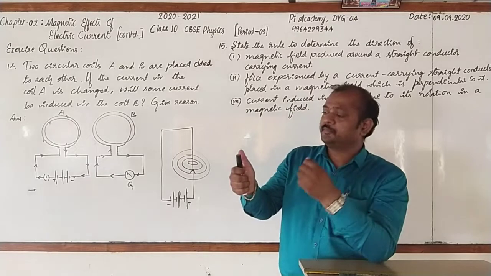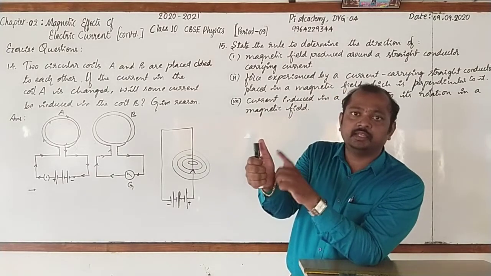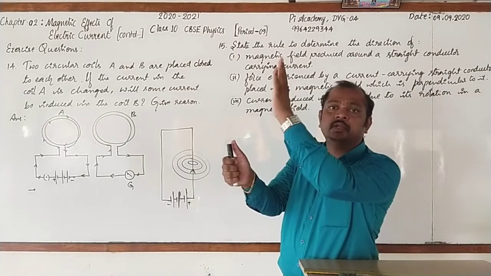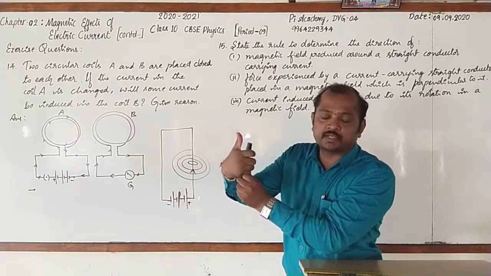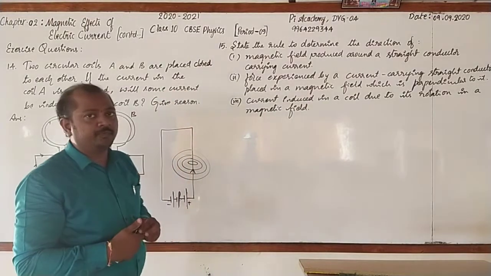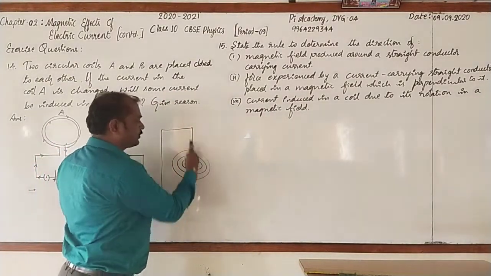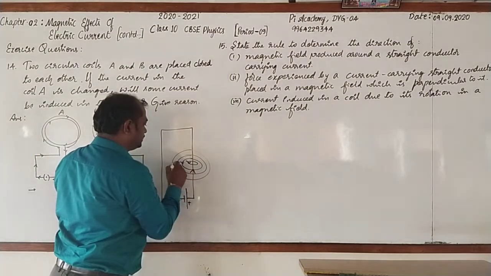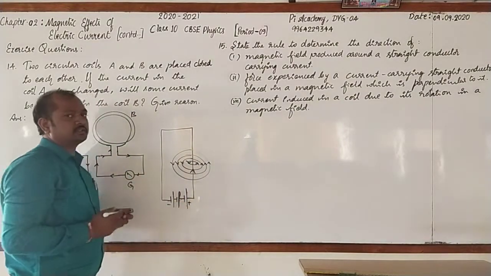According to this rule, imagine a man holding a straight conductor carrying current in his right hand. If the thumb indicates the direction of flow of current, then the encircled fingers indicate the direction of magnetic field or magnetic field lines. Here, observe, current is flowing in the upward direction. The direction of lines of force will be in the anti-clockwise direction.